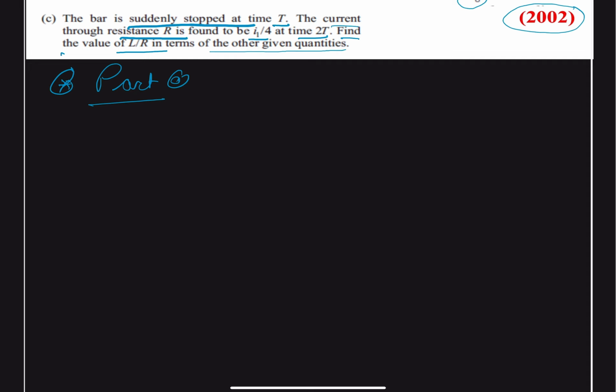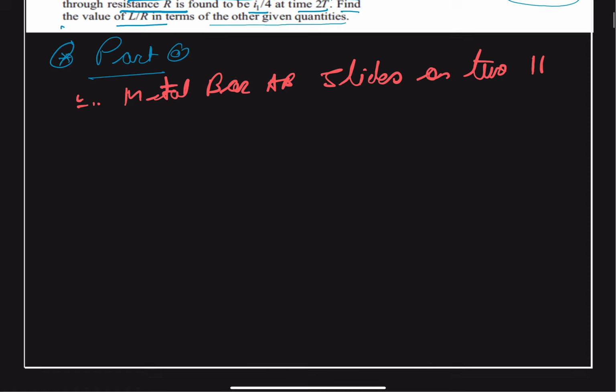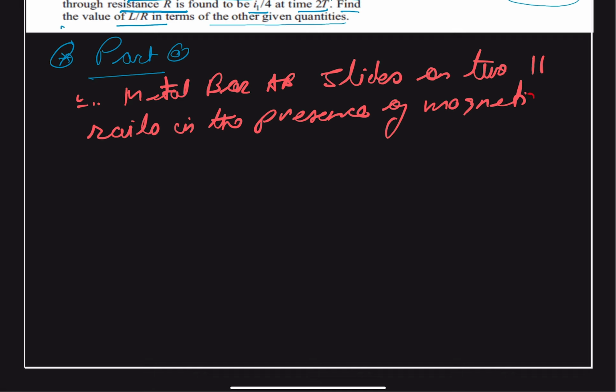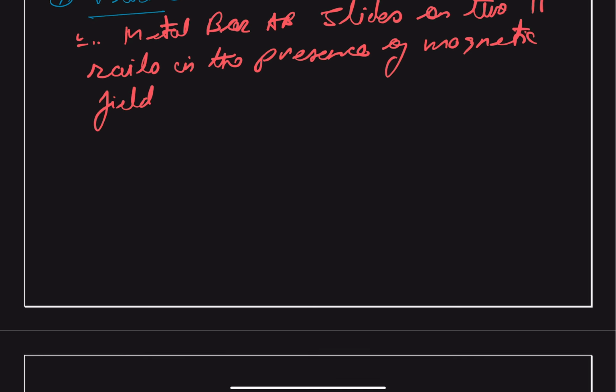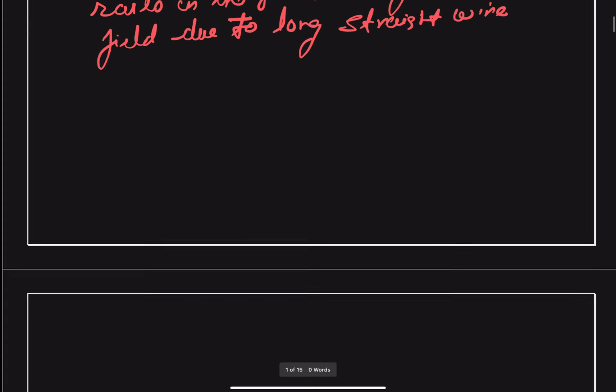Therefore we can write that metal bar AB slides on two parallel rails in the presence of magnetic field due to long straight wire carrying a constant current I0.